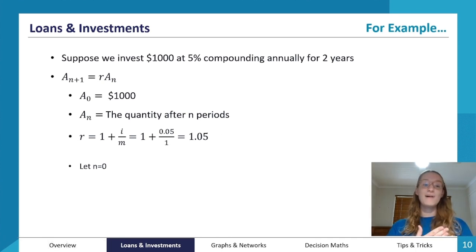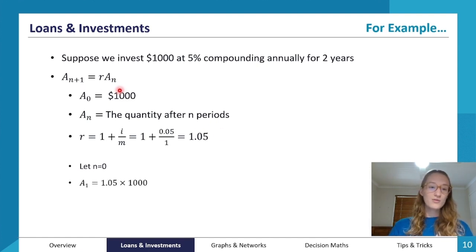So now we start by solving the formula and working out what the value is after 2 years. To do that, the first thing we'd say is let n equal 0. So we'd take this formula here and say let n equal 0. So then we'd have n plus 1, which would give us A1 is equal to R multiplied by A0, our starting point.